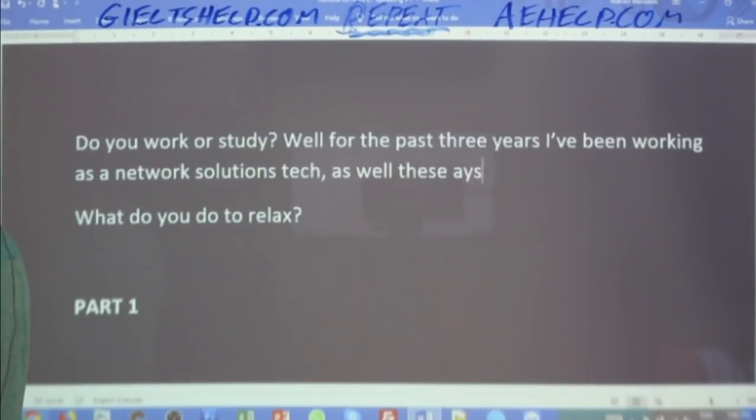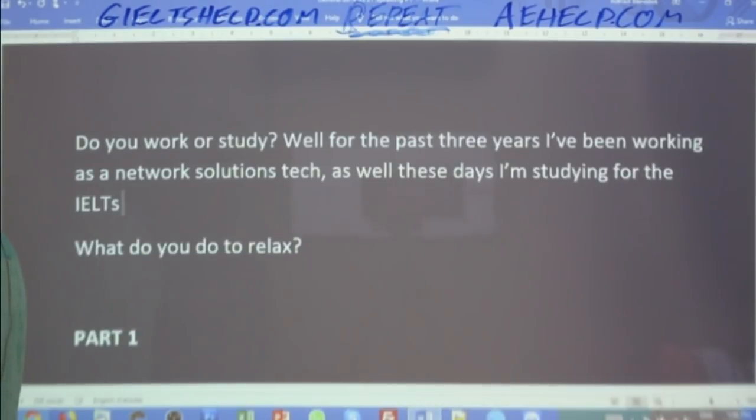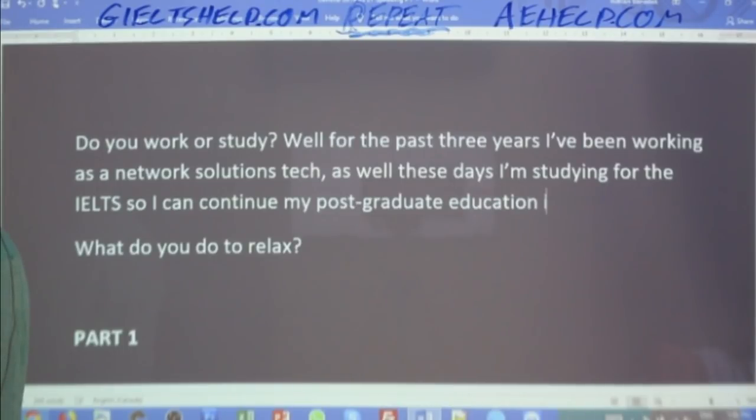These days, I'm studying for the IELTS so I can continue my postgraduate education in computer science.